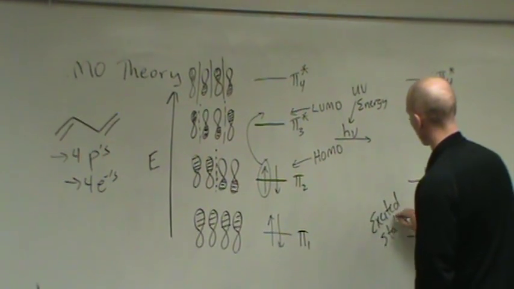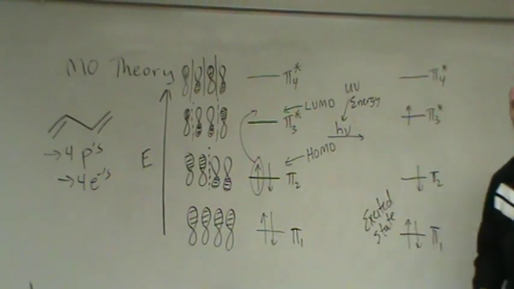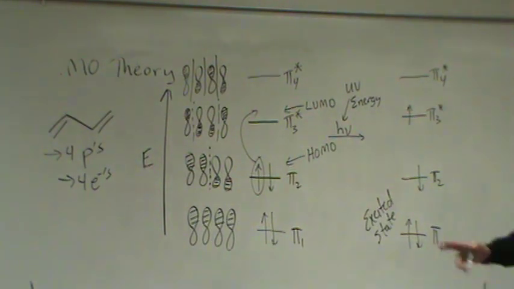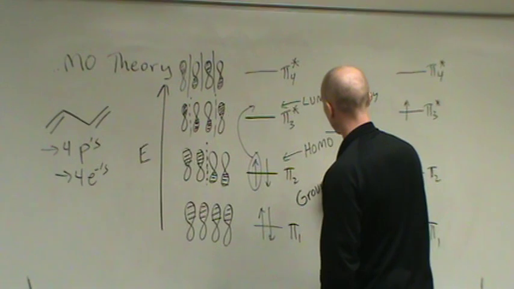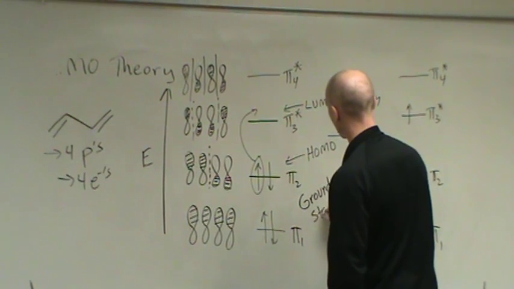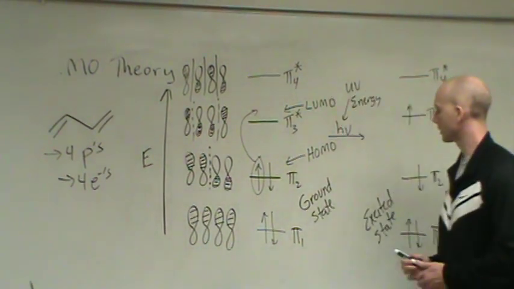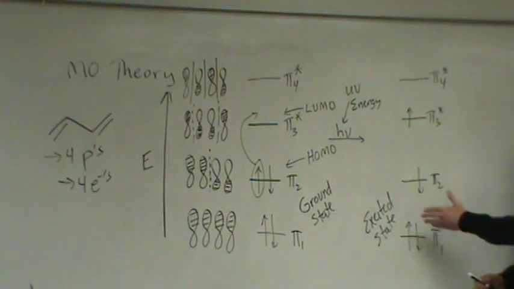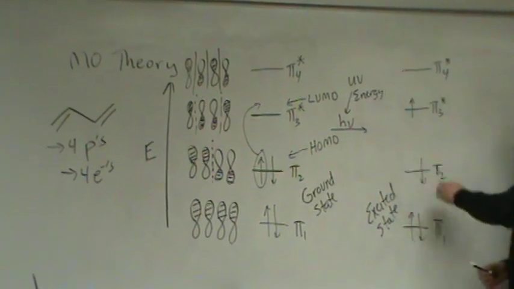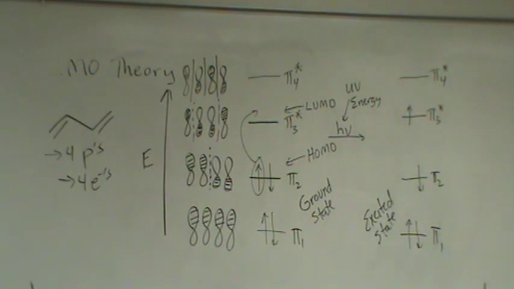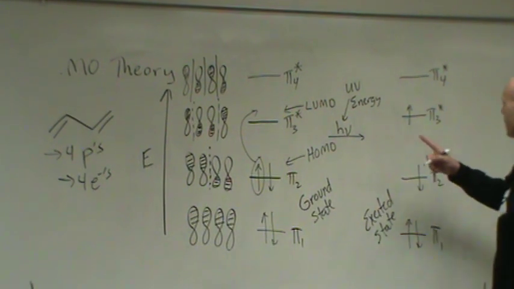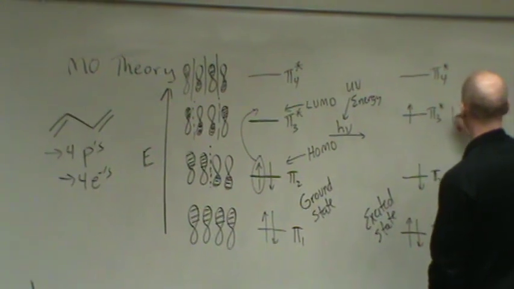these are what's called the excited state, whereas over here, these are all in the ground state. Okay, so we get the excited state when we apply UV energy, symbolized by H nu. And by doing that, we get a shift in the HOMO level.